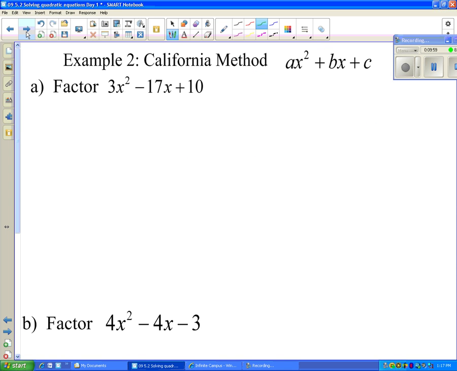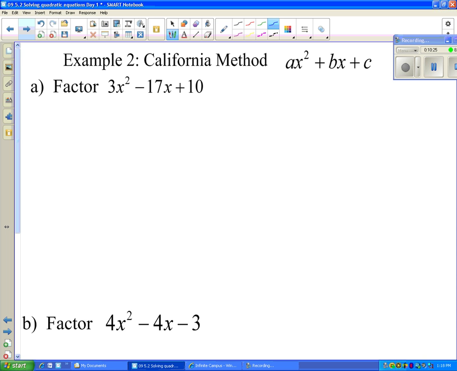Now, what if I change things around. This is the next step. I've done my normal factoring where it was in the form of x squared plus bx plus c, and my a, as I had said, was 1. What happens when a is not 1? What happens when a is a different number?